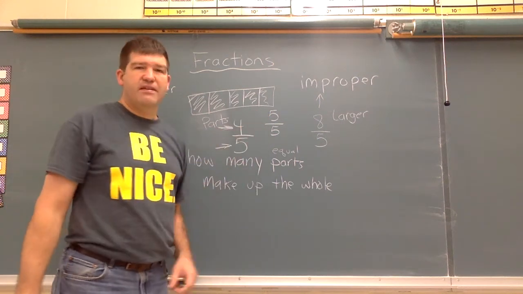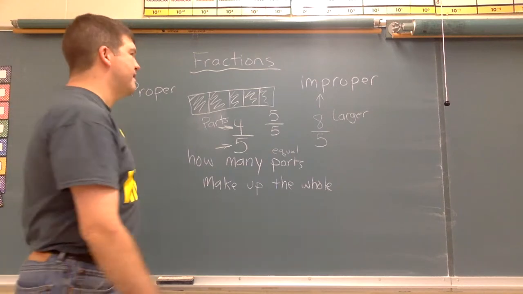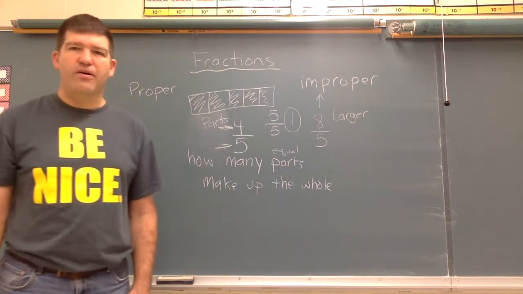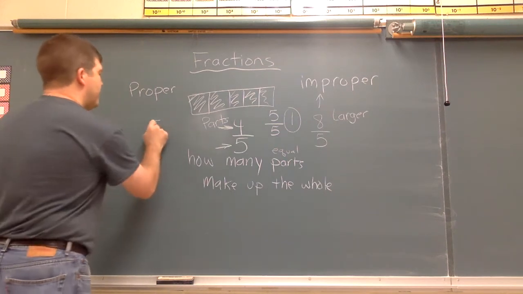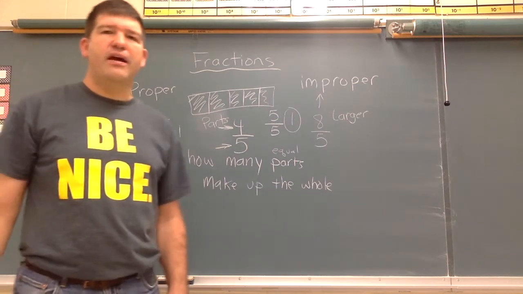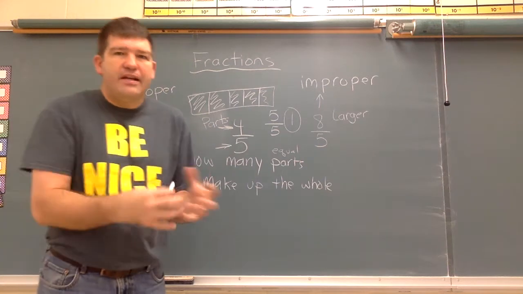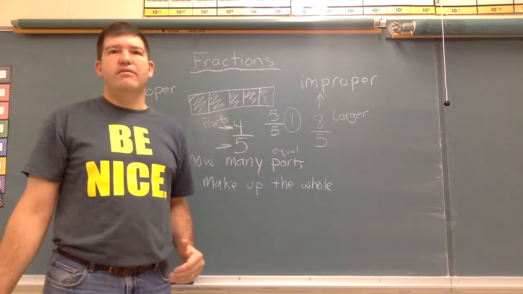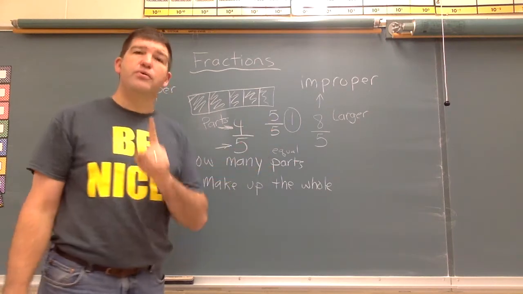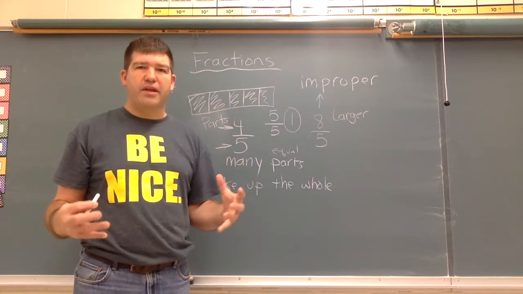So 5/5. Now that fraction, 5/5, is the same as 1, a whole. So 5/5 equals 1. Anytime you have the same number on top as on the bottom, like if you're adding things together and you get 5/5, you'd say, oh, I got a whole there. I have a 1. And you can change that from a fraction to a whole number. It's no longer a part of anything. It is the whole thing.